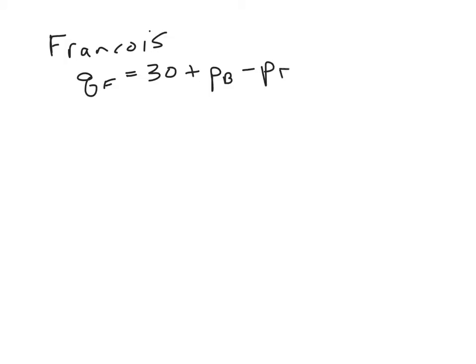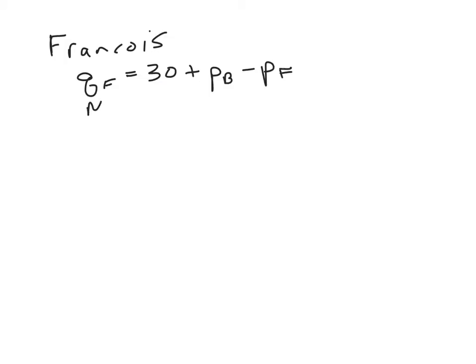All right, so let's just start with Francois' problem. His demand, QF, is equal to 30 plus PB minus his price. I'm going to change things around: that's essentially the constant minus his price.